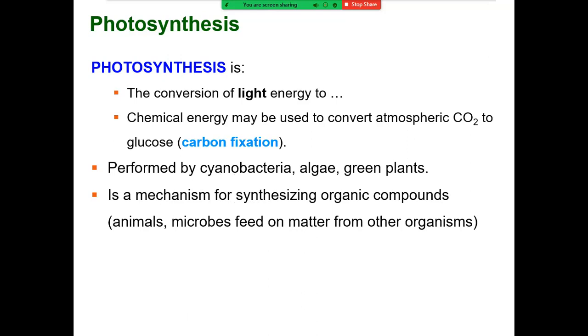It makes an organic compound like glucose from simpler molecules like CO2 and water, and it is needed for all organisms. Animals get their food from plants, and even if you eat a cow, the cow is getting its energy from eating plants. Okay?